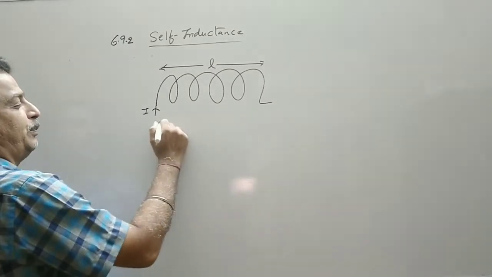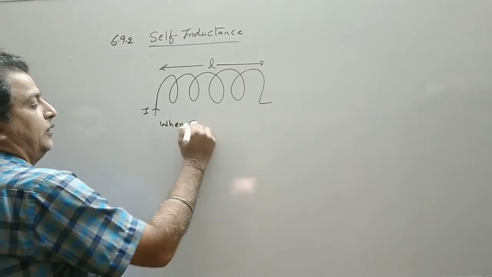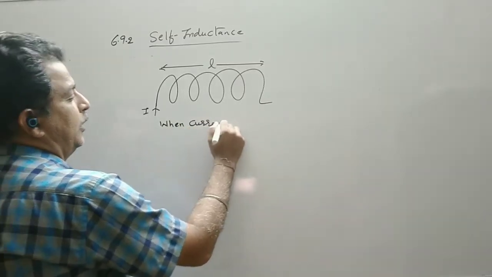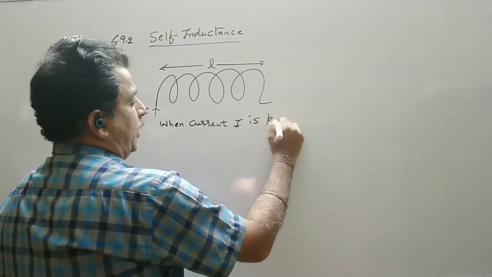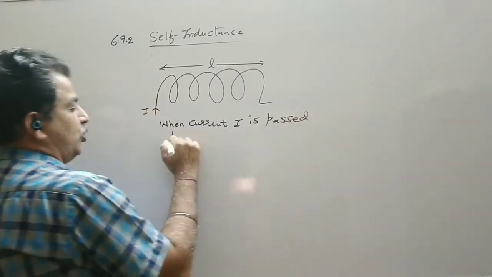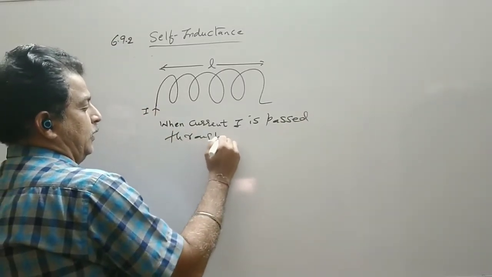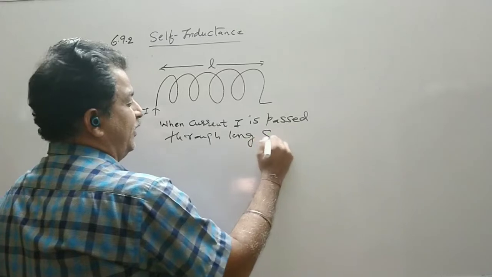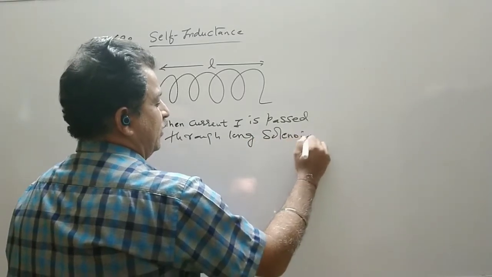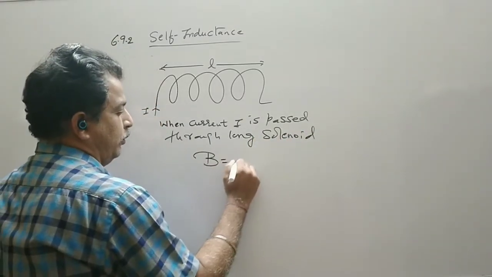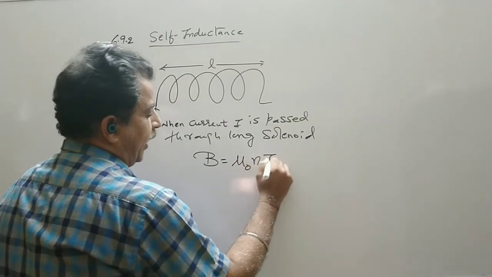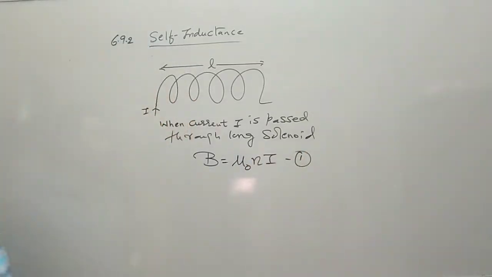Now when current I is passed through a long solenoid, B is equal to mu naught n I. This is equation number 1.